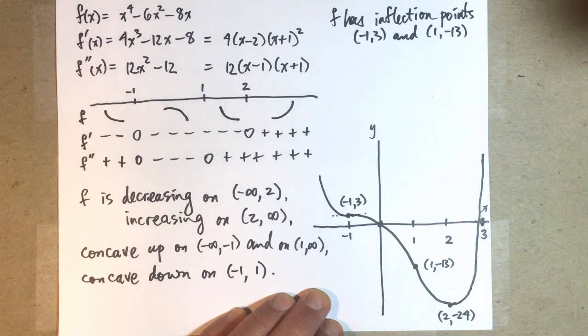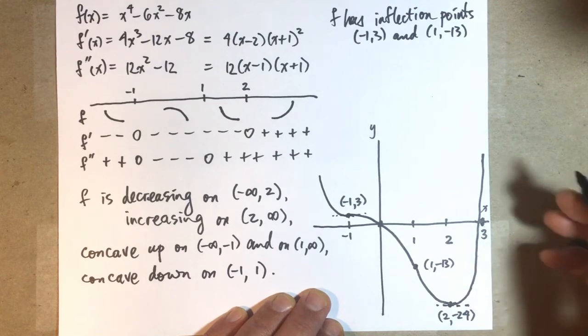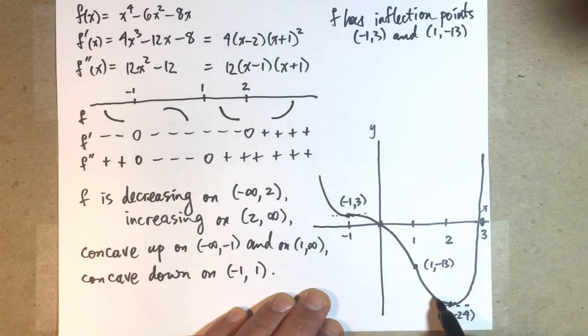Now at 2 we have another critical point, and this one is a local minimum, because the curve is decreasing on this side and increasing on this side. That's enough to check that there's a local minimum. You can also check by the second derivative test, which in this case the second derivative is positive. That tells you this is a local minimum.